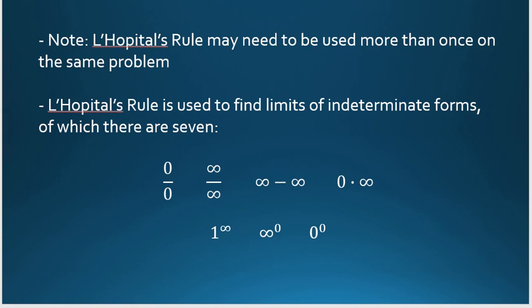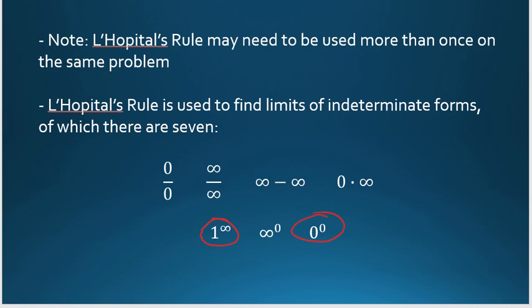Now, a couple of these forms you may look at and think, really? That's a bad form? Specifically, 1 to the power infinity and 0 to the 0. We've been taught our whole lives that 1 to any power is 1, and if you take 0 and raise it to any power, you get 0.